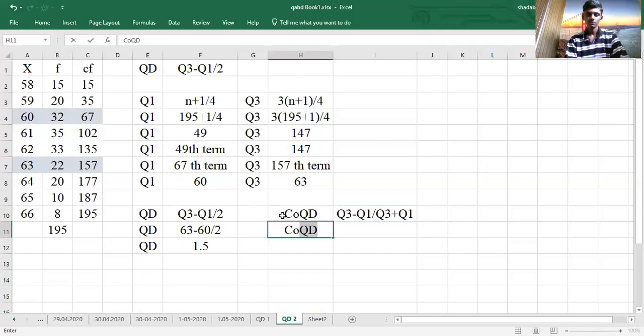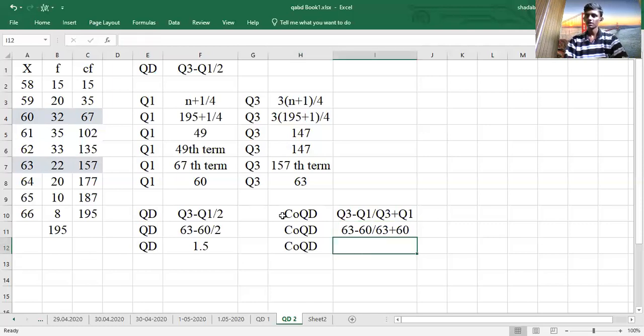The value of Q3 is 63 and Q1 is 60, so 63 minus 60 divided by 63 plus 60, which is 3 divided by 123. So the coefficient of quartile deviation will be 0.024.